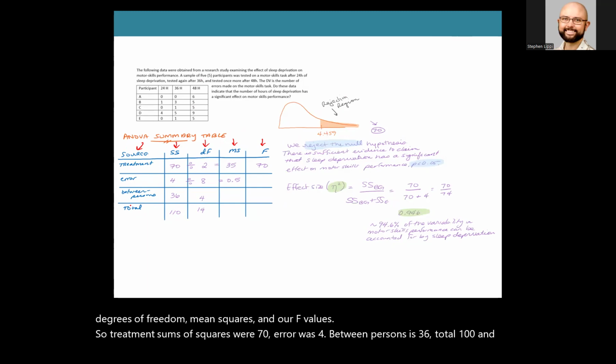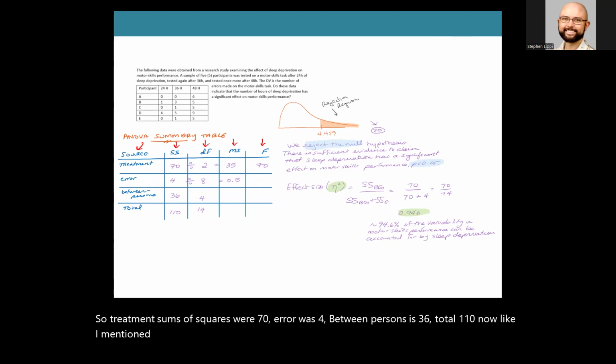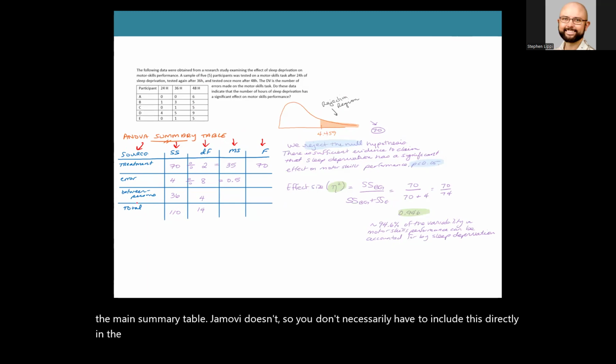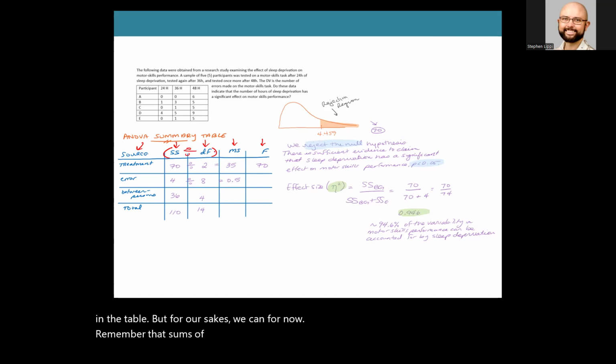Now, like I mentioned before, not every program will include the between persons as its own row in the main summary table. Jamovi doesn't. So you don't necessarily have to include this directly in the table, but for our sakes, we can for now. Remember that sums of squares divided by degrees of freedom gives us variance. Mean square is also referred to as variance.